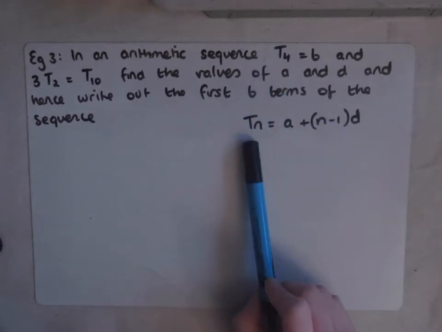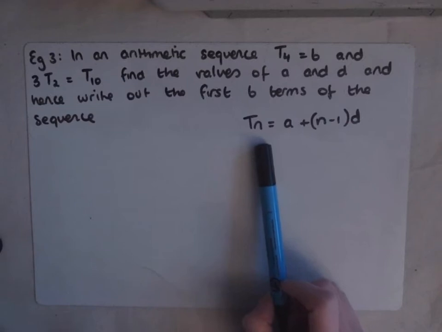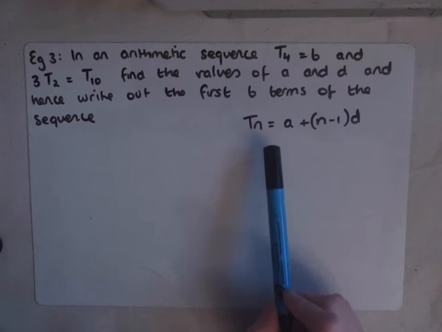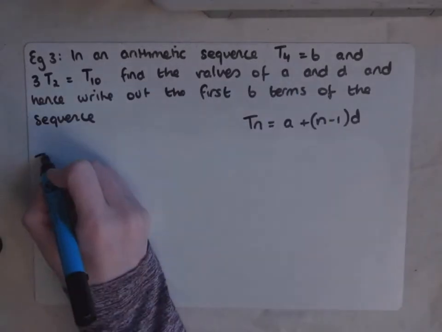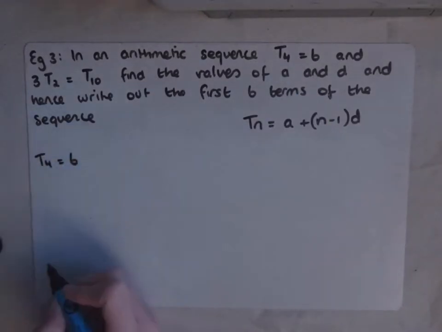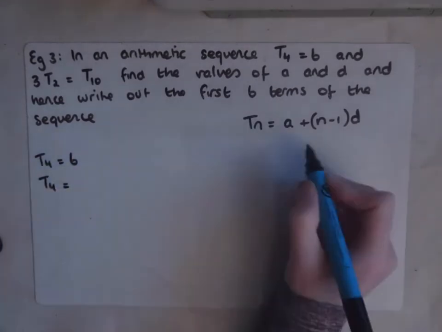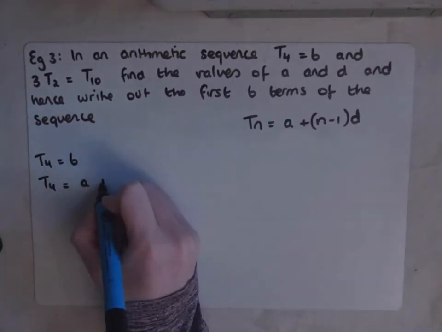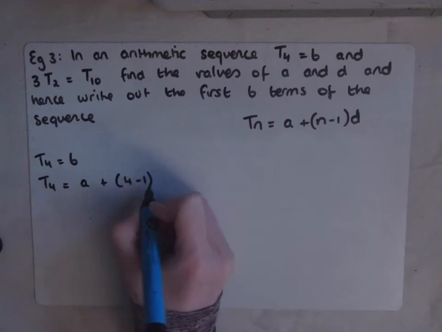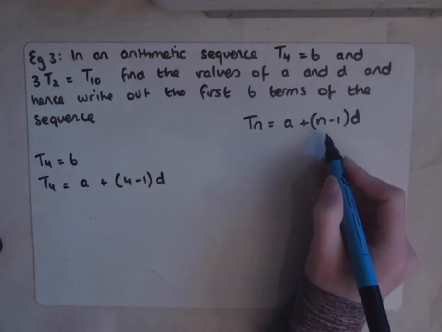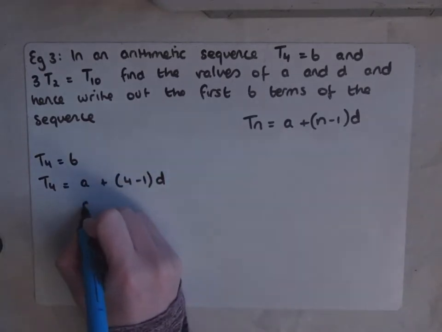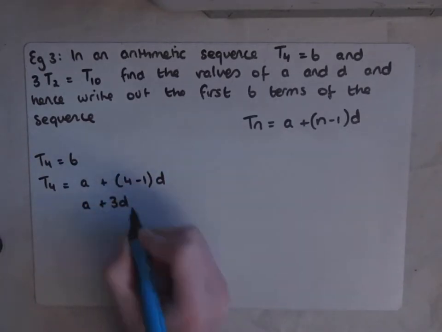T4, what does T4 tell me to do? What am I putting in instead of n? Yes, put in 4 instead of n. So T4 is A plus (4 minus 1) times D. Instead of n, I'm putting in my 4. So that's A plus 3D.